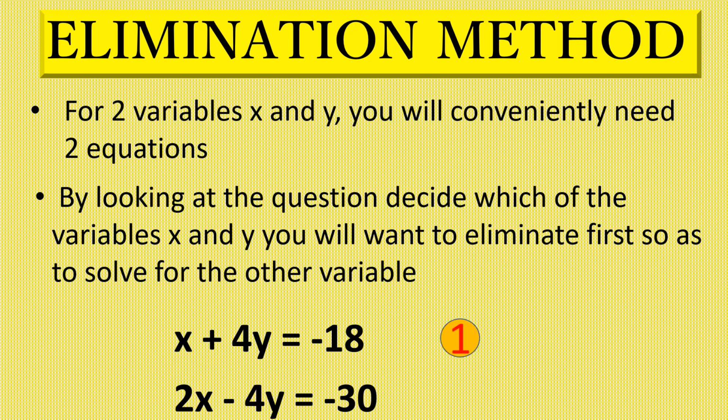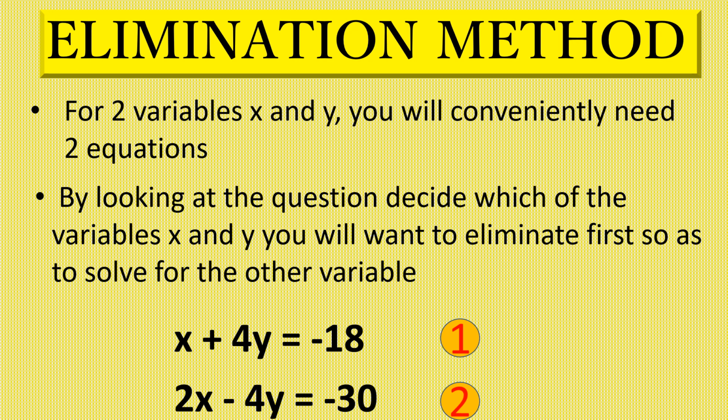We have equation 1, and then equation 2. By general observation, if I decide to eliminate y, then I have to look at the y terms in equation 1 and in equation 2. In equation 1 you have 4y, and in equation 2, you have minus 4y.